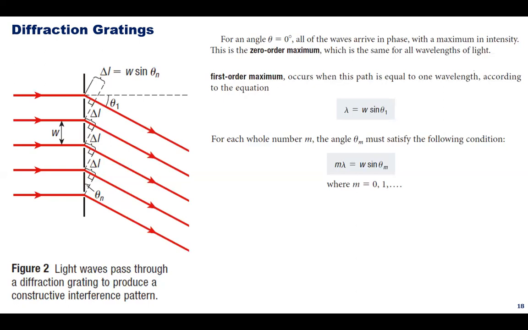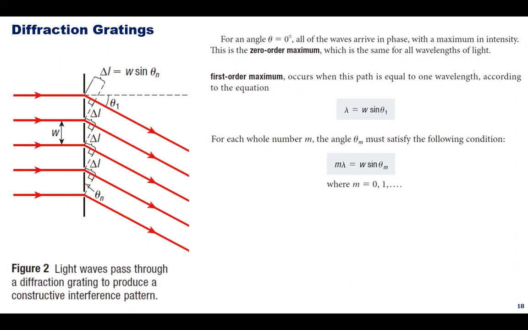Consider what happens when light of wavelength lambda passes through a large number n of equally spaced slits, as in a diffraction grating, as shown here in figure 2. The spacing between the slits is represented by W. For an angle theta equals 0, all of the waves arrive in phase with a maximum in intensity.